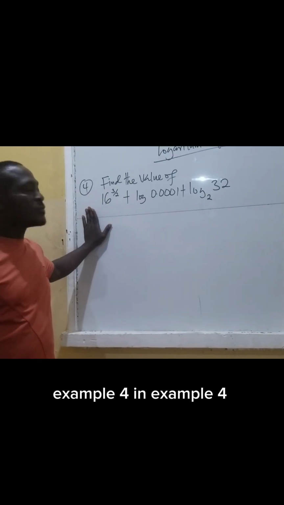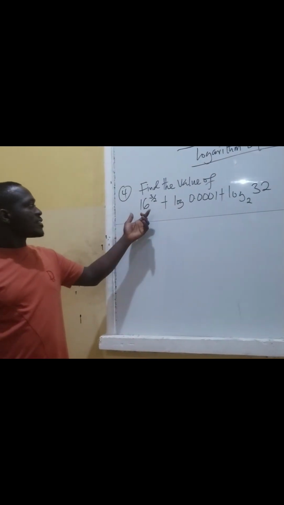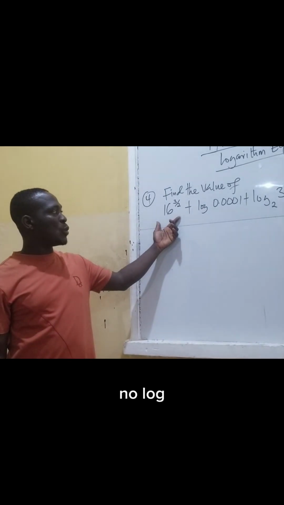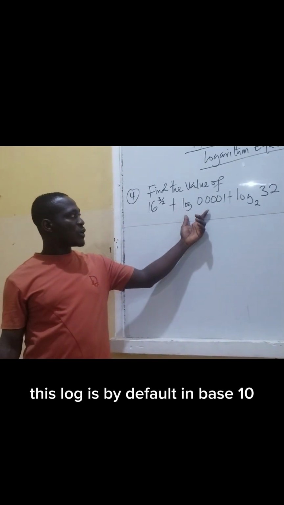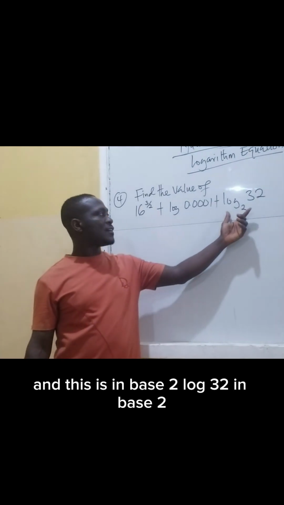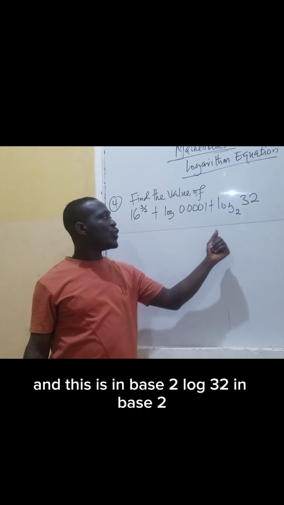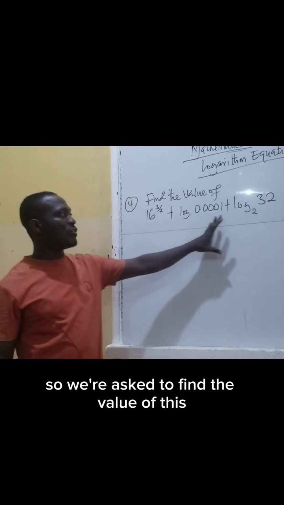Example 4. In example 4, this is different. No log. This log is by default in base 10, and this is in base 2: log 32 in base 2. So we're asked to find the value of this.